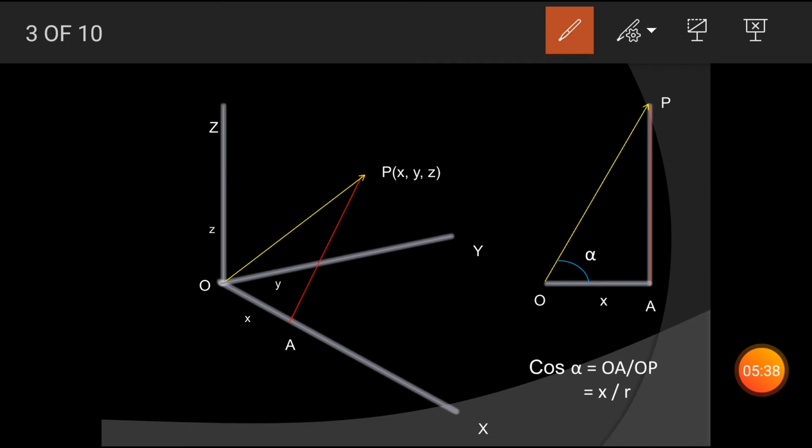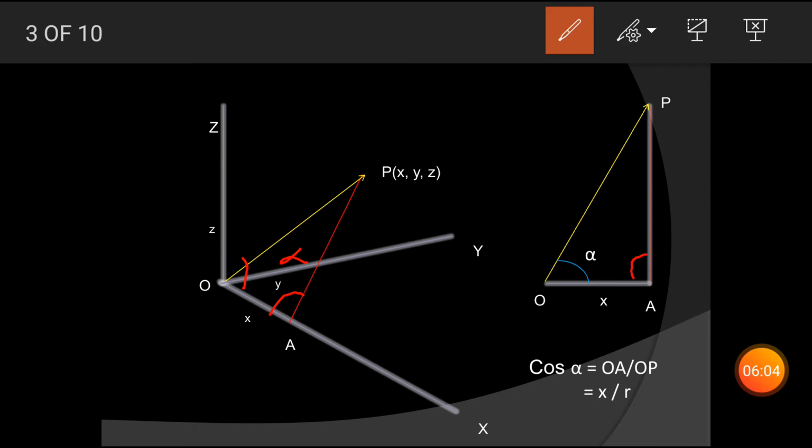You can see that this is a right angle triangle OPA, and this angle A is 90 degrees, the perpendicular drawn on the x-axis. And this angle, as we have already discussed, the directional angle was alpha. So this angle will be alpha, the angle made by the position vector with the x-axis.